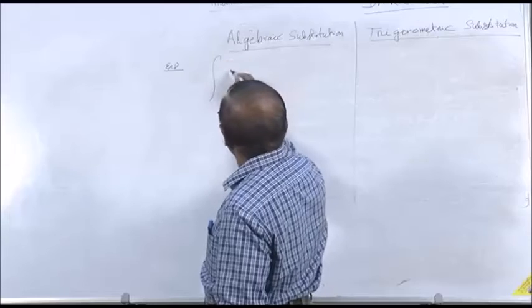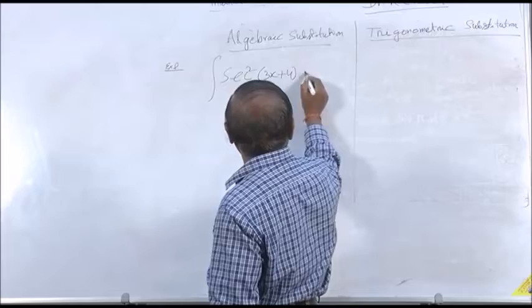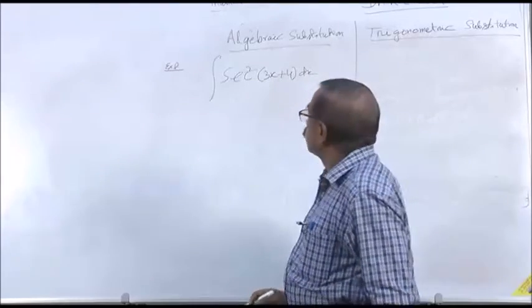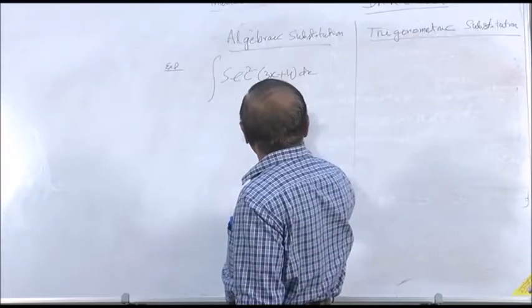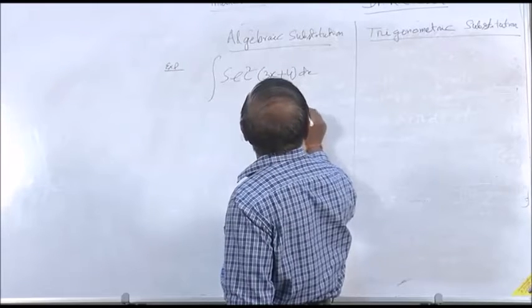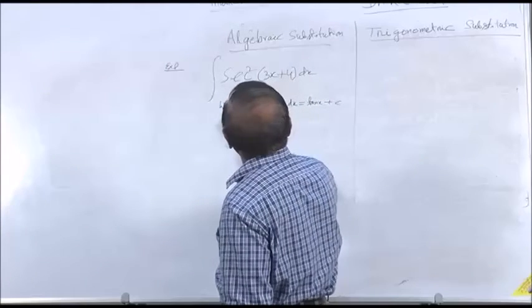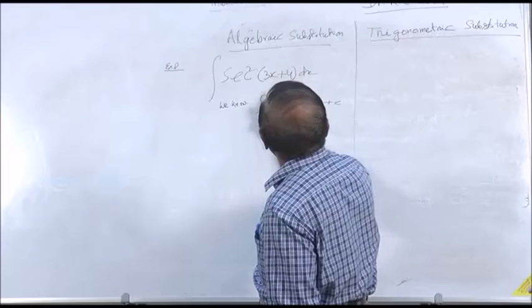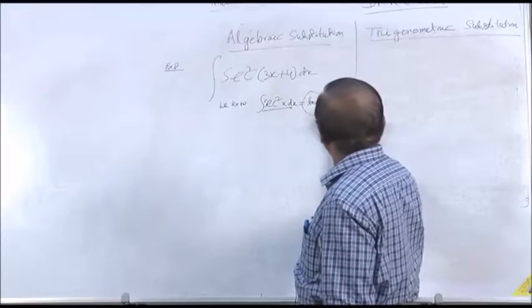Suppose you are given this question, dx. We know this formula, that is integration of sec square x dx is equal to tan x plus c. Why? Because this sec square x is the derivative of tan x. This is the formula.